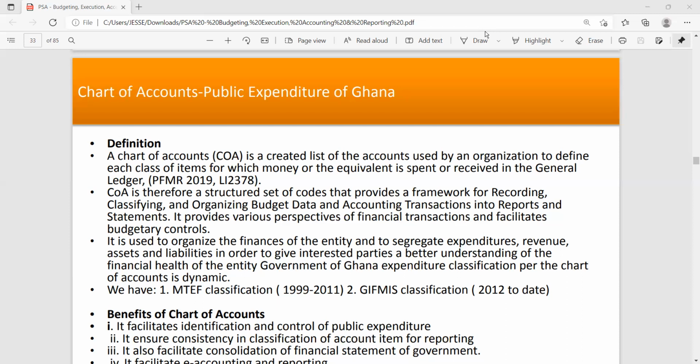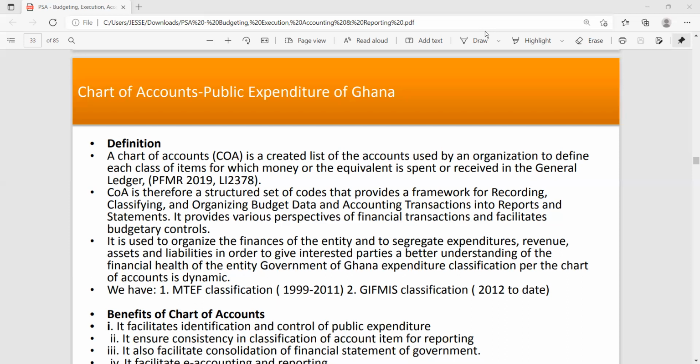It is also used to organize the finances of the entity and to segregate expenditures, revenue, assets, and liabilities in order to give interested parties a better understanding of the financial health of the entity, the government, etc. Right?